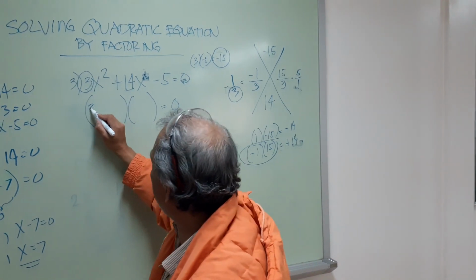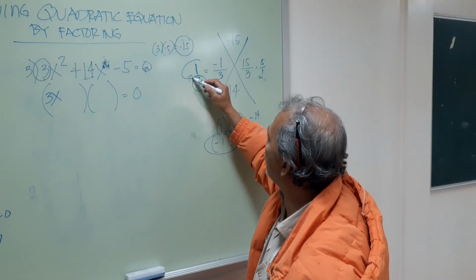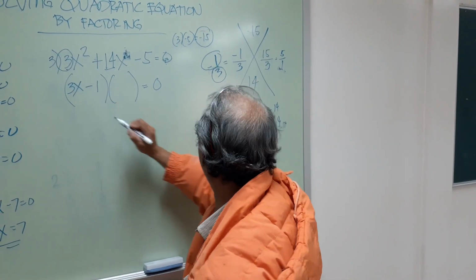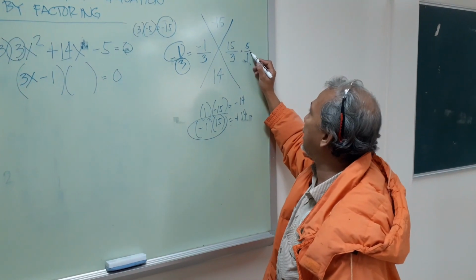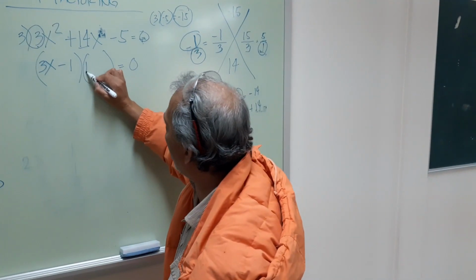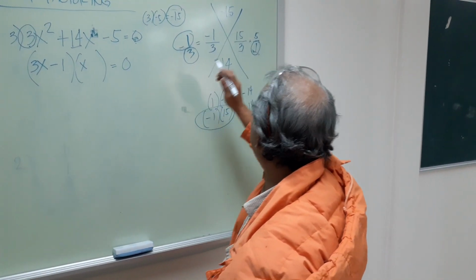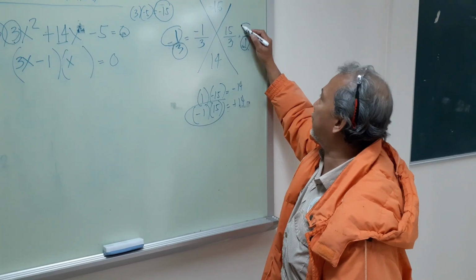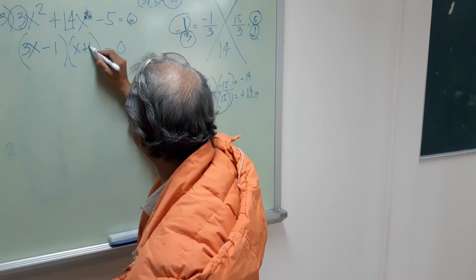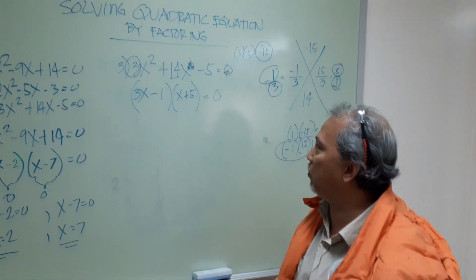So let's say 3x, and our numerator, negative 1, is our constant. That's right here, negative 1. And this one, our denominator is positive 1, our coefficient of x, 1x, or just write x. And our numerator, which is 5, is our constant, positive 5. So this is our factor of our equation.